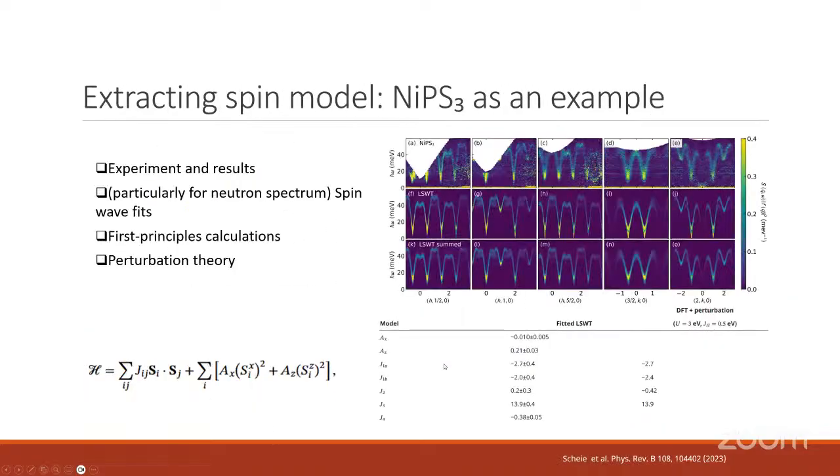All right, so how to do it? How to model the spin behaviors? Right now, people have many methods for doing this. I show one example, but I'm sure there are more methods that we could try for modeling the magnetic behaviors. Here, this plot shows the neutron measurement of the MPX₃ single crystal.